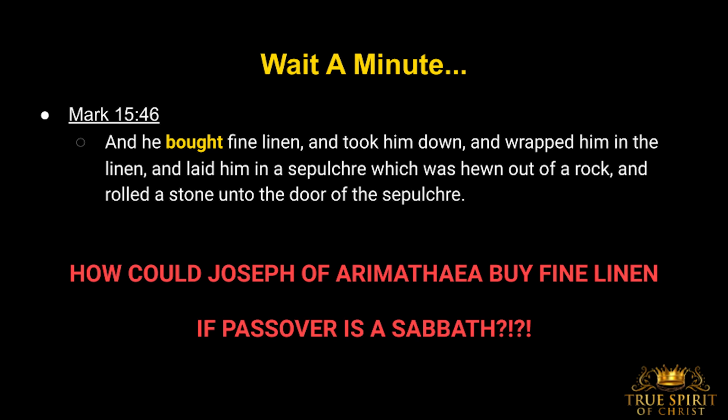And when he knew it of the centurion, he gave the body to Joseph. And he bought fine linen, and took him down, and wrapped him in the linen, and laid him in a sepulchre which was hewn out of a rock, and rolled a stone unto the door of the sepulchre. And Mary Magdalene and Mary the mother of Joseph beheld where he was laid.